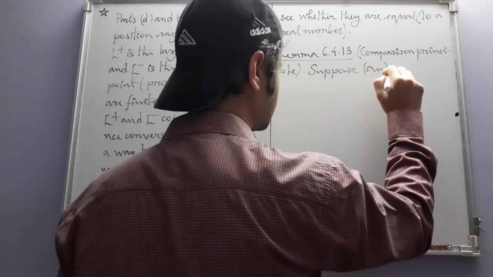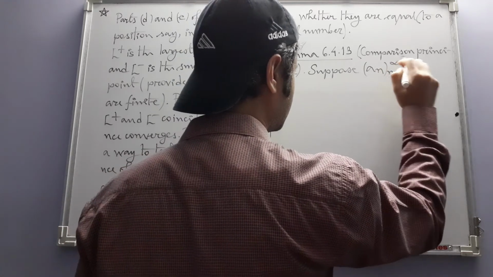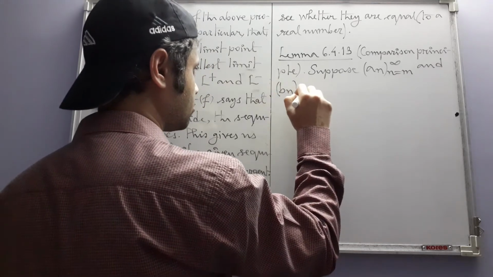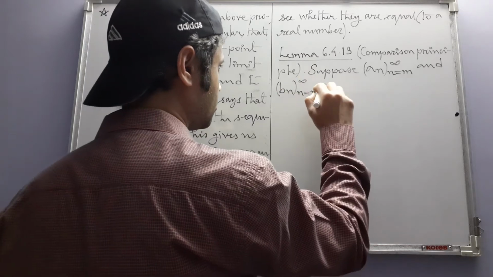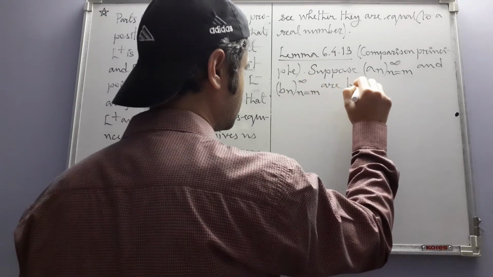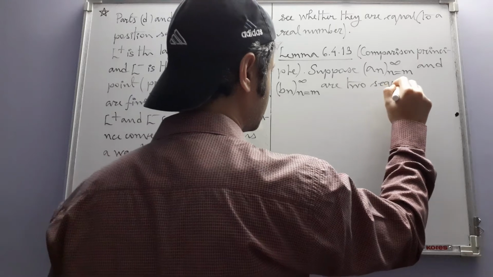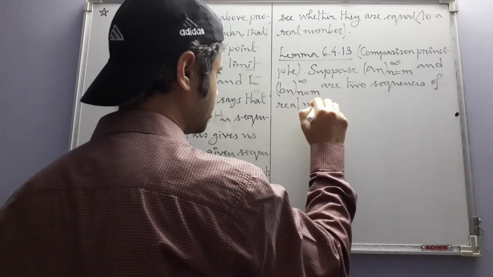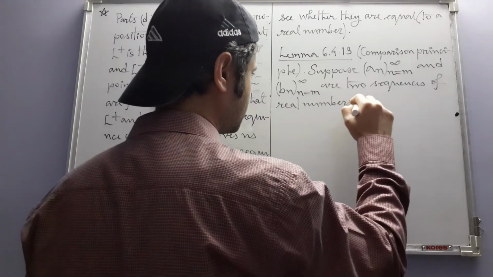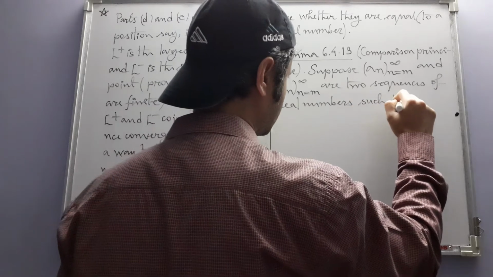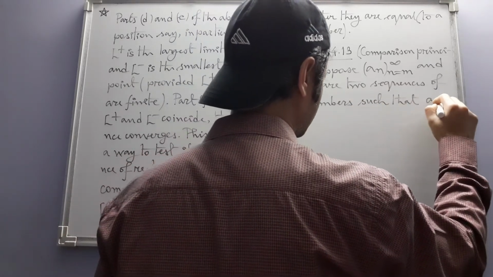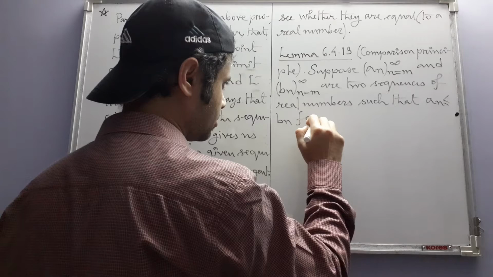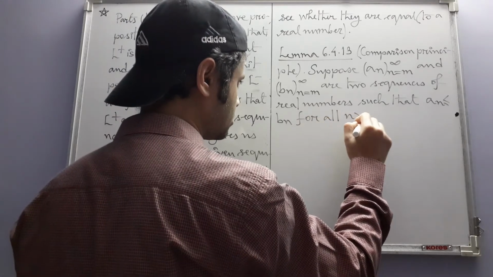Suppose a_n and b_n are two sequences of real numbers such that a_n is less than or equal to b_n for all indices n.